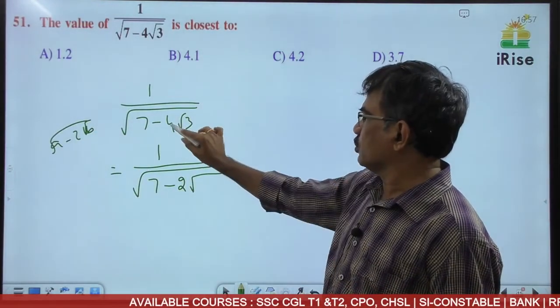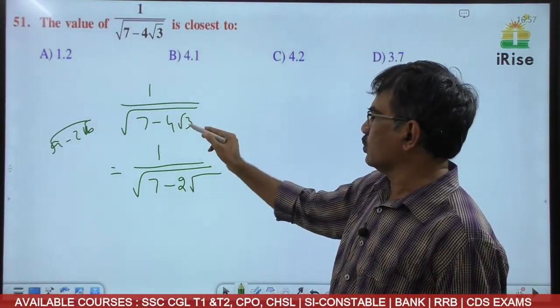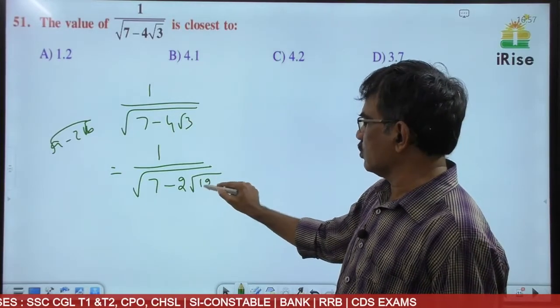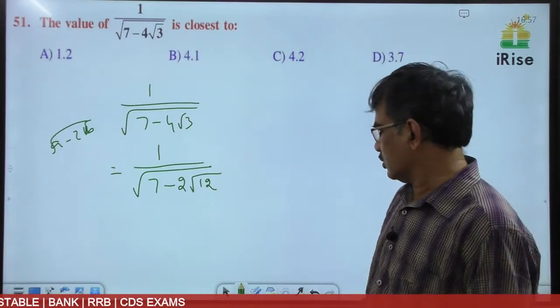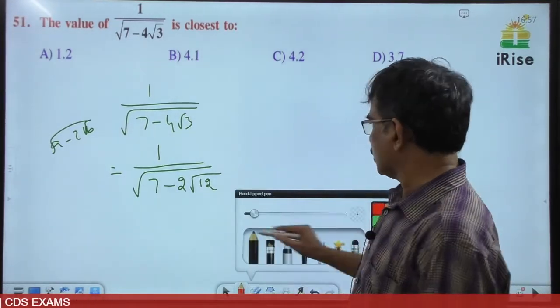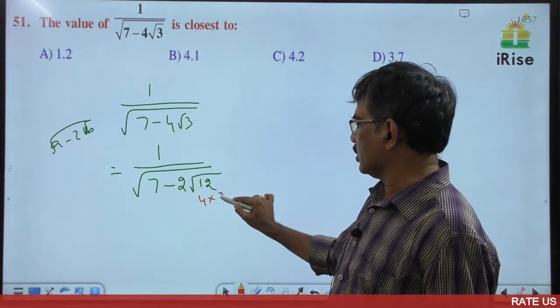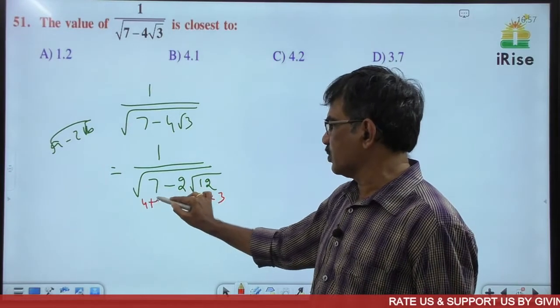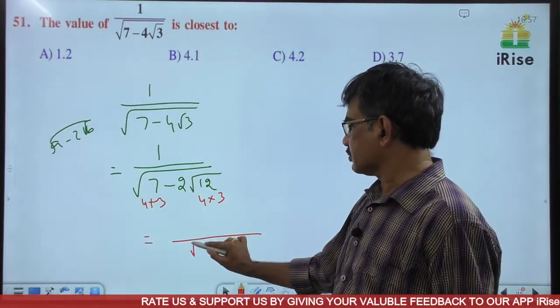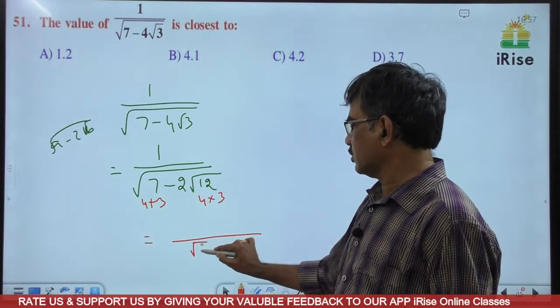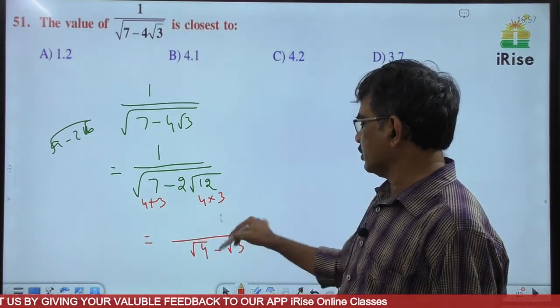If 2 is transferred into the root, it becomes 4 into 3, which is equal to 12. So this 12 can be written as 4 into 3, and this 7 can be written as 4 plus 3. Therefore the denominator is root 4 minus root 3.